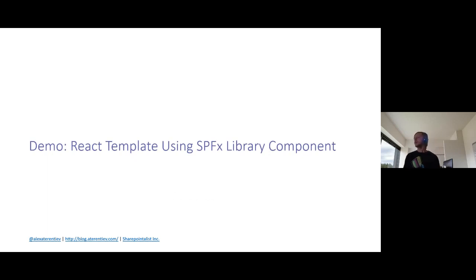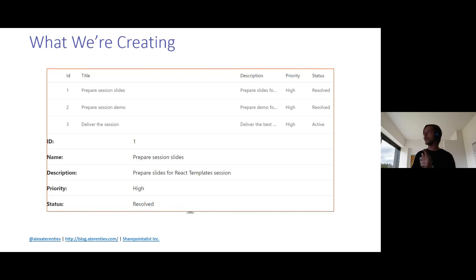And now let's actually switch to the code. Before doing that, I want to just show you what we will be creating. I have a web part that has a list in it. When we select some item in the list, we are displaying the properties for this item underneath the list itself.